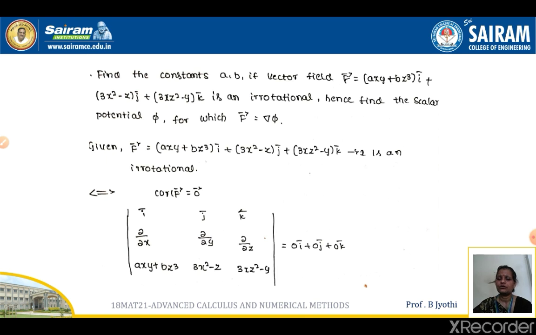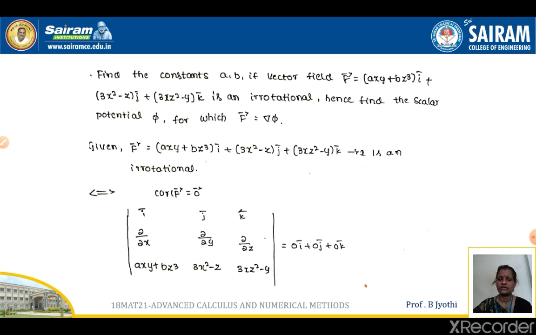Now each component, on simplification: i times dou by dou y of this minus dou by dou z of this should be equated to 0, and minus j times dou by dou x of the third component minus dou by dou z of axy plus bz square, and k times dou by dou x of 3x square minus z minus dou by dou y of axy plus bz square has to be also equated to 0.